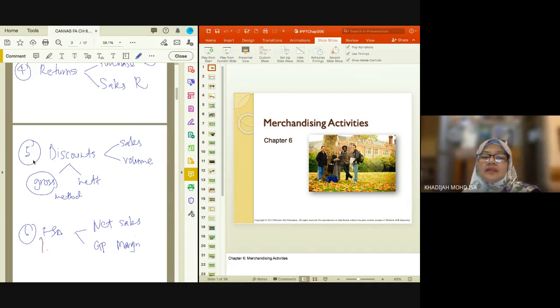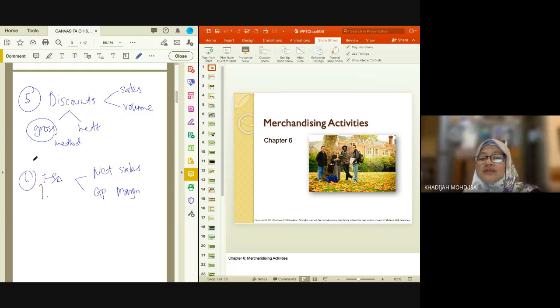And the final part of the textbook looks into financial statement analysis in relation to merchandising activity. From the financial statement, you can look at the net sales of the company. Net sales means your sales minus your sales returns. If the percentage of returns is very high, you must look into why there are so many returns.